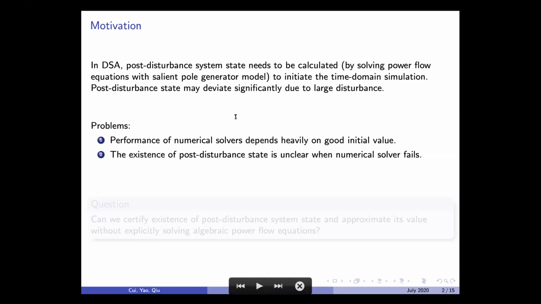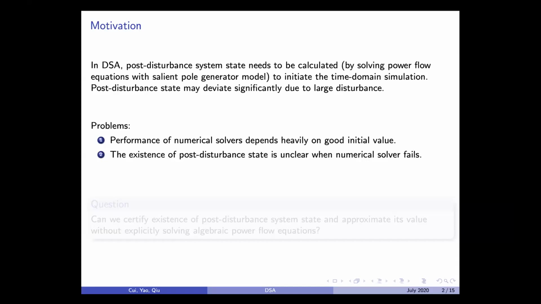So without knowledge of an approximate value of the post-disturbance system state, sometimes the numerical solvers will fail to converge.